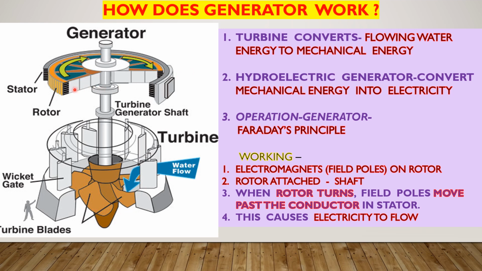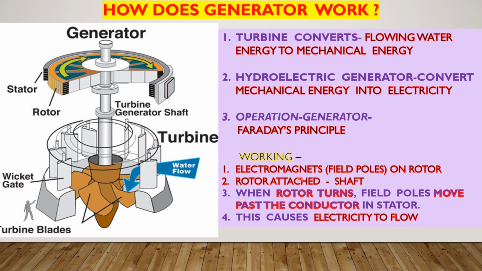Same thing here. Instead of horizontal movement, a rotatory movement occurs. Rotatory movement of the bar magnet, imagine this to be a bar magnet, occurs so that the stator with the conductor, the rotor with the magnet is pushed either towards the stator with conductor or away from the stator with conductor, and this permits electric current to be generated and flown.